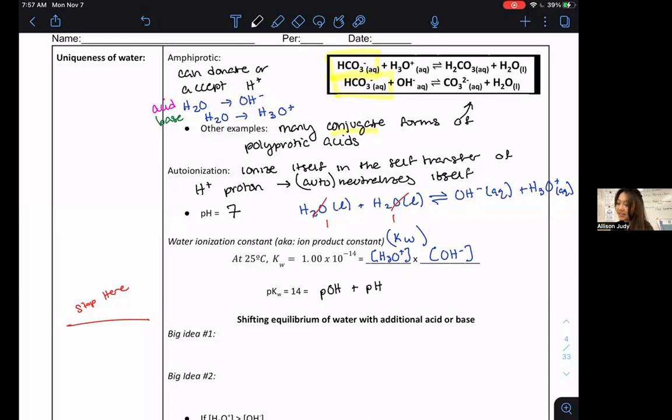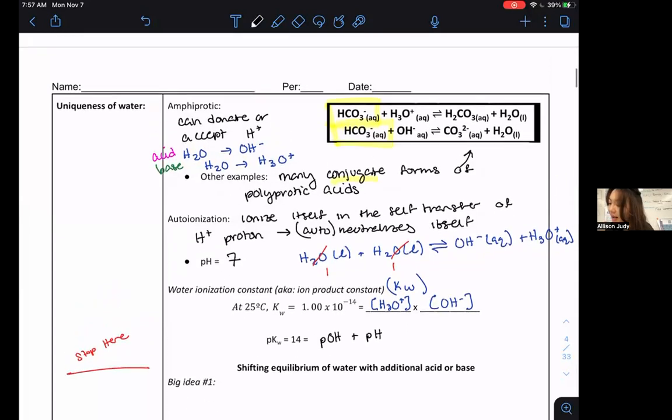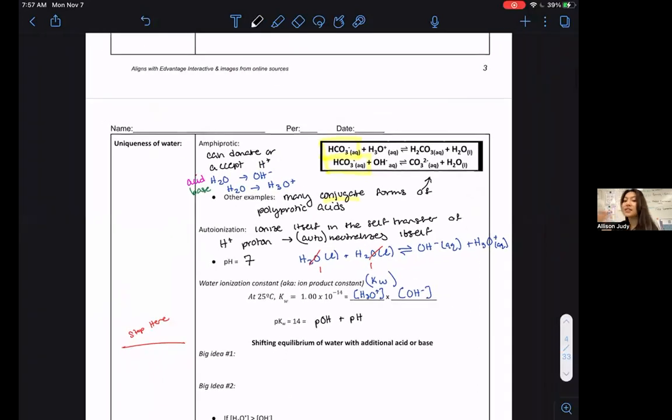So as you're starting to realize, one, KW or K equilibrium from unit 7 is definitely not going away in this unit. But two, that helps us expand our tool set of how to calculate unknowns regarding pH and pOH of an acid and base in equilibrium, and in water, especially when water is one of the reactants.